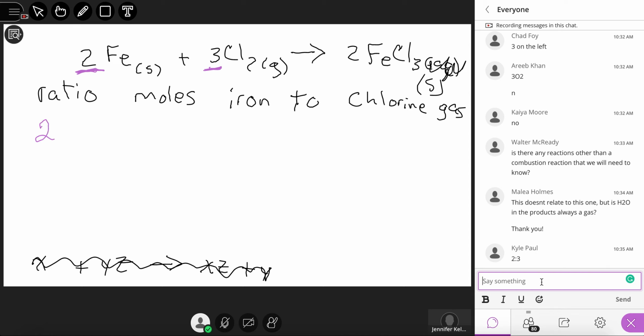There are 2 iron to every 3 Cl2. I wrote it like this here just to remind you that it's a molecule. If you're counting the number of atoms, there are 6 chlorine atoms, but when you're looking at the molecule, there are only 3 molecules. Does that make sense? Did I throw anybody off there? No? Okay.